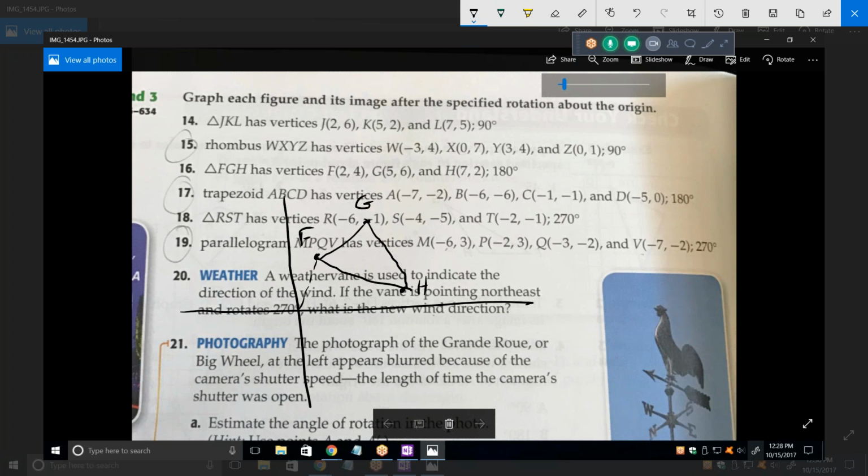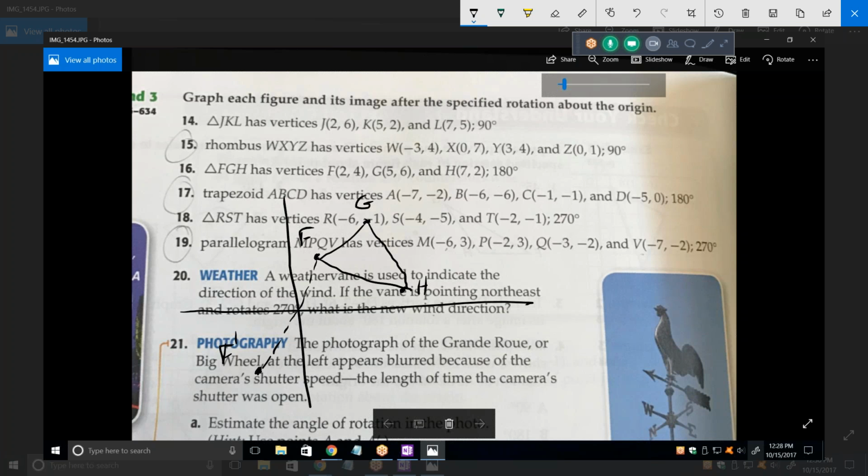Like I said, 180 degrees doesn't matter whether you go clockwise or counterclockwise, you end up in the same place. My new point F is going to be right there. That's going to be F prime. You see why? Because you rotated 180 degrees.